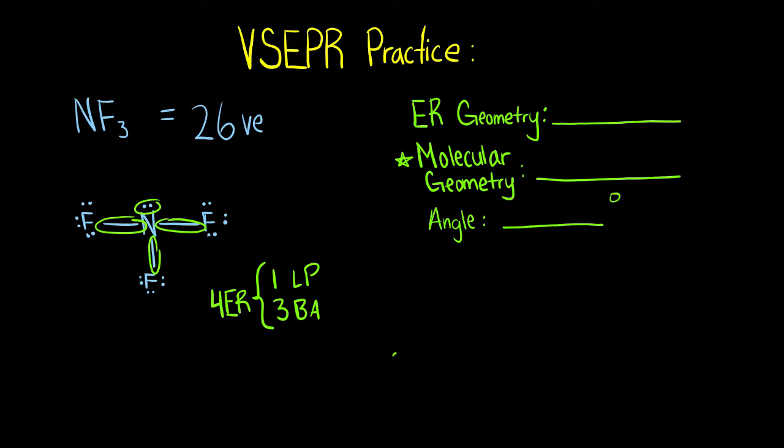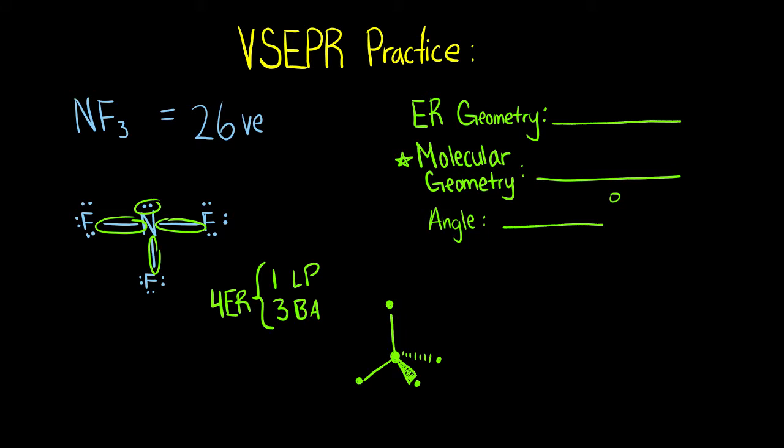The starting shape, or as I sometimes call it, the mother shape, or really the electron region geometry for 4 electron regions, is tetrahedral, which is drawn like this in 3 dimensions. So this is the starting shape, or the electron region geometry, when there are 4 electron regions around that central atom.